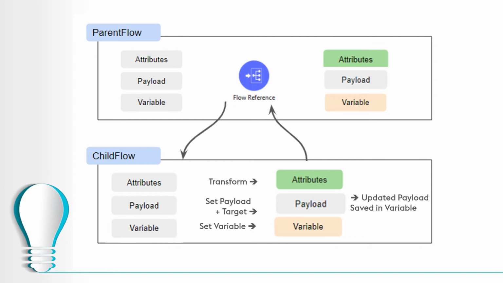If you are just setting a variable and you are not doing set payload and you're not doing attributes, then only your variables would be changed, and those changed variables will be accessible here. And as seen in the earlier example, in set payload, if you're not using a target variable, then your original payload will also be replaced by the new payload. See you in the next part.